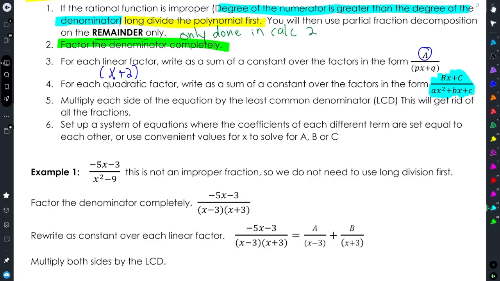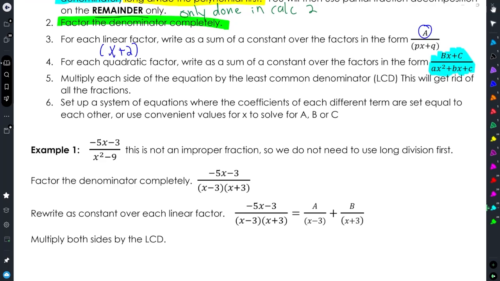You'll notice that the degree on the bottom is bigger than the degree on the top for both of those. Then we're going to multiply each side by the LCD, or the least common denominator, to get rid of all the fractions. That should feel familiar from solving rational equations using the LCD method, where we multiplied both sides by the LCD to get rid of all our fractions. It's the same idea here.